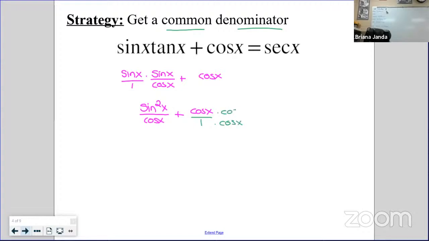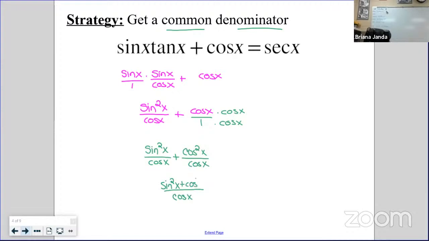This fraction over here would have to be multiplied top and bottom by cosine of x to get it to have the common denominator. So our sine squared over cosine is not changing. Over here, multiplying straight across the top, straight across the bottom, I will now have a cosine squared over cosine. Now I have a common denominator in which I can add those two terms together, keeping the common denominator.